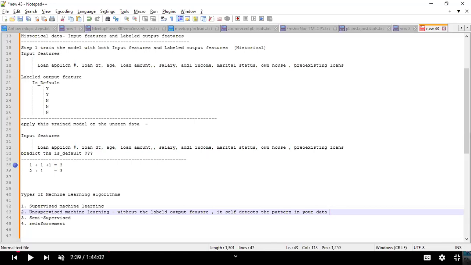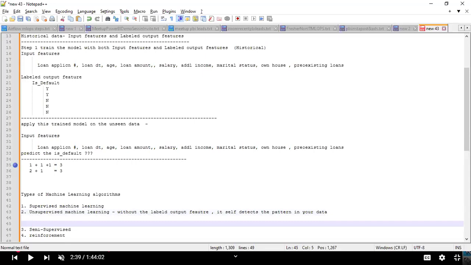So if I train my model with the unsupervised machine learning algorithm, since I don't have the labeled output feature, what will happen is it automatically segments the data. Let's say you have one group, one segment. One segment or one group consists of defaulters. The other segment, segment 2, contains non-defaulters.